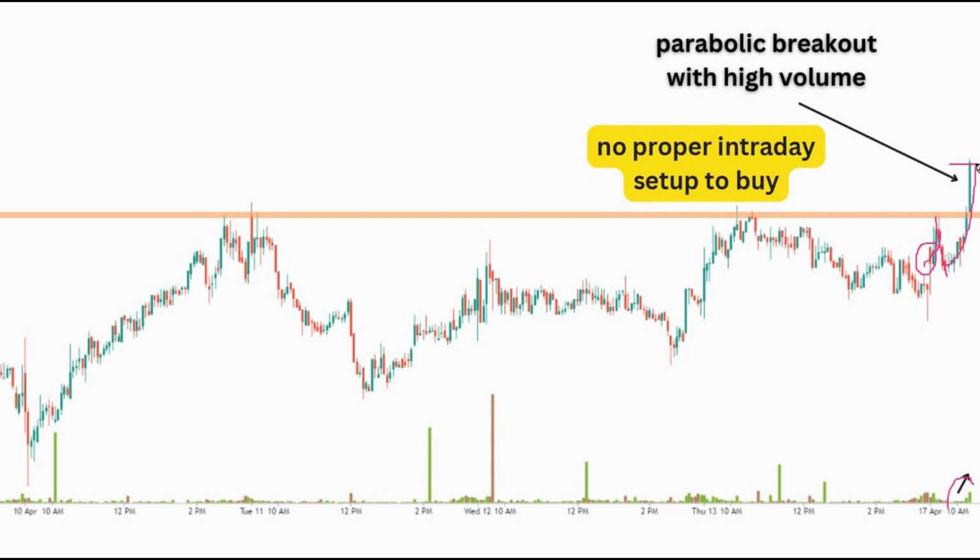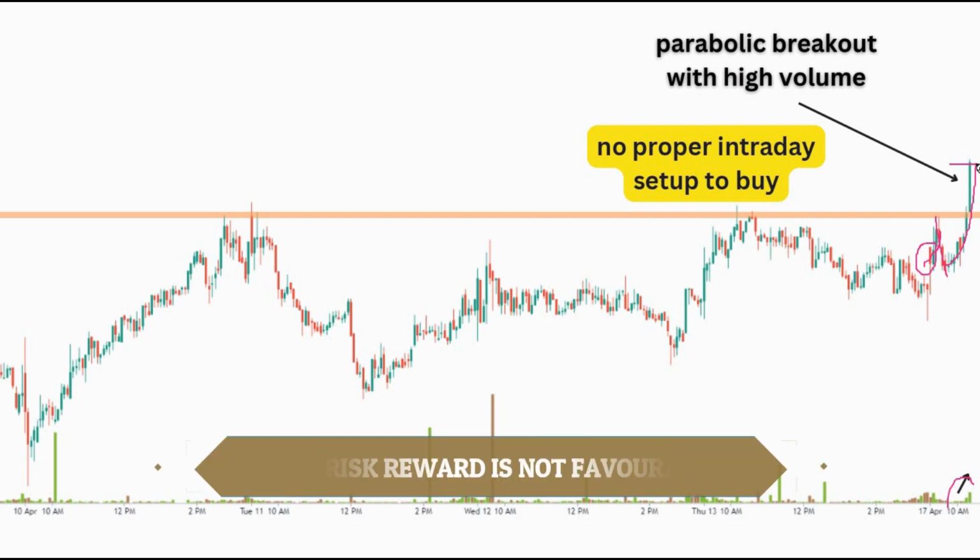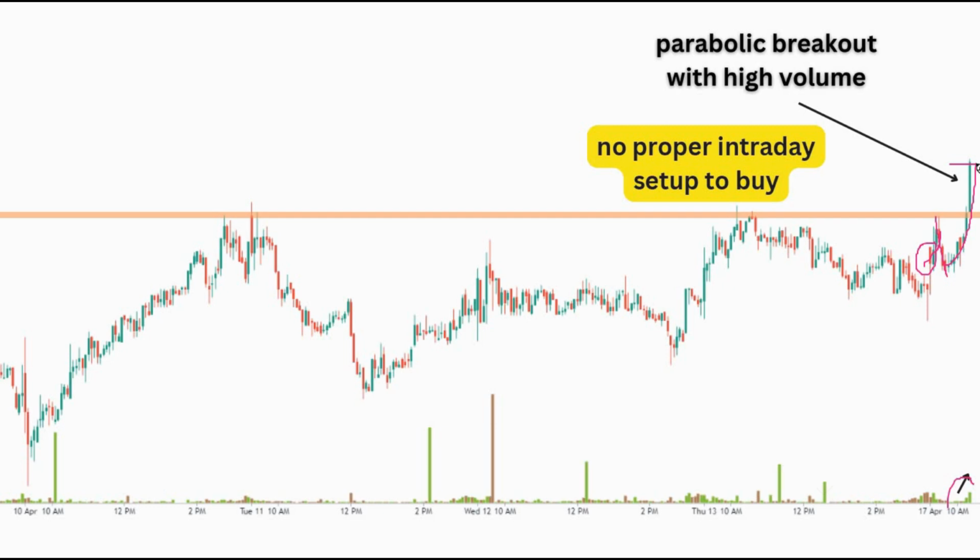Why? Although the higher time frame context is saying to us that prices would now continue the upward momentum as per the daily time frame, but what happened here? There is no proper intraday entry setup for us to buy. That's why we will not enter on this parabolic breakout.